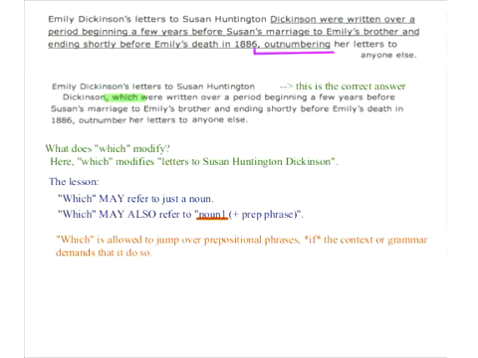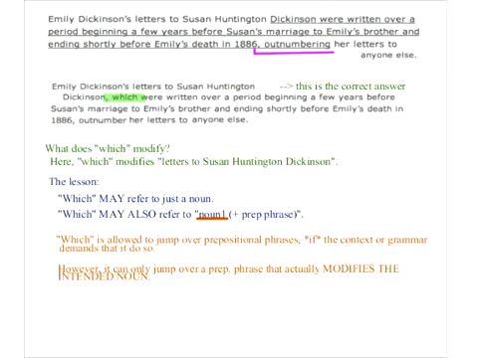Although, what we're going to talk about in a second, and I'll use some examples to illustrate this because it'll be confusing, is that it can only jump over a prepositional phrase that actually modifies the intended noun. Okay, so let me show you what I'm talking about here.